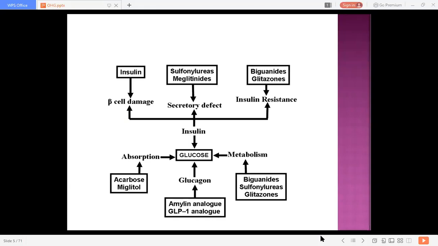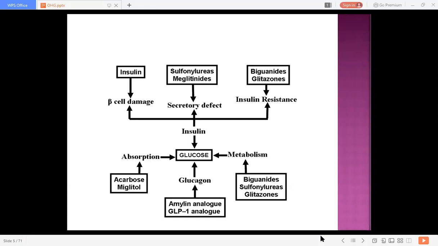The drugs which help in the secretion of insulin are sulfonylureas, Meglitinides, DPP4 inhibitors, GLP-1 agonists. Insulin resistance can be reduced by Biguanides and glitazones. These are considered as insulin sensitizers.